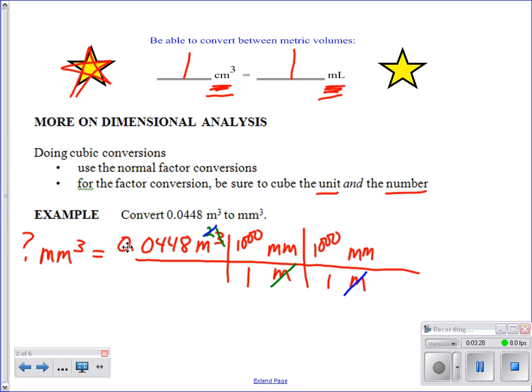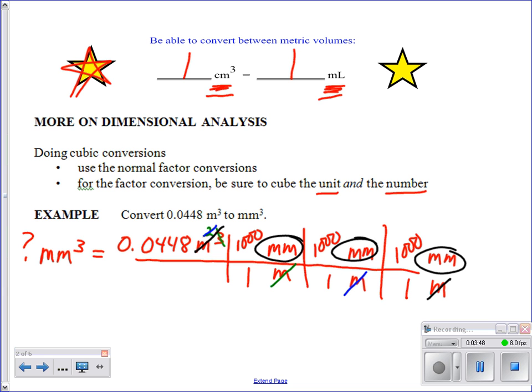So last little step, we are going to get rid of that meter and go to millimeters, 1 per 1,000. And now we have gotten rid of our meters entirely. We have left millimeters times millimeters times millimeters, which is cubic millimeters. That's exactly what we wanted. So we know that we set it up right.